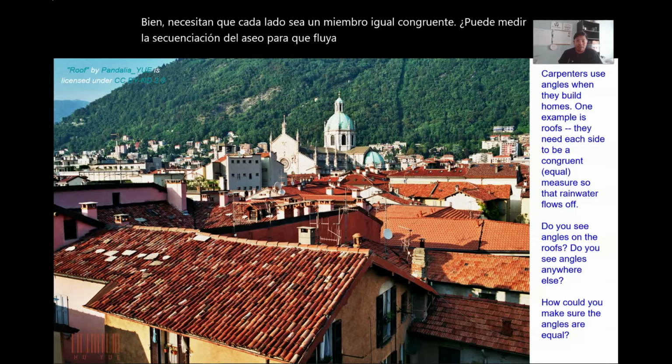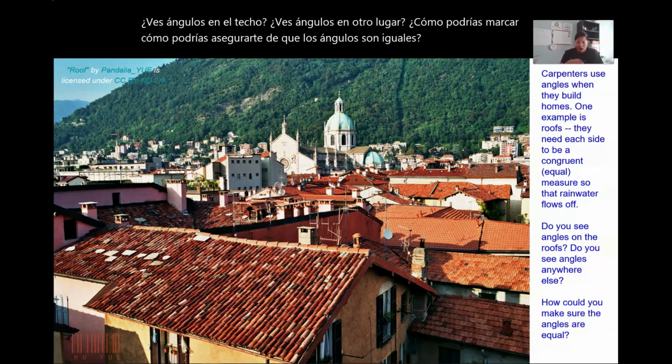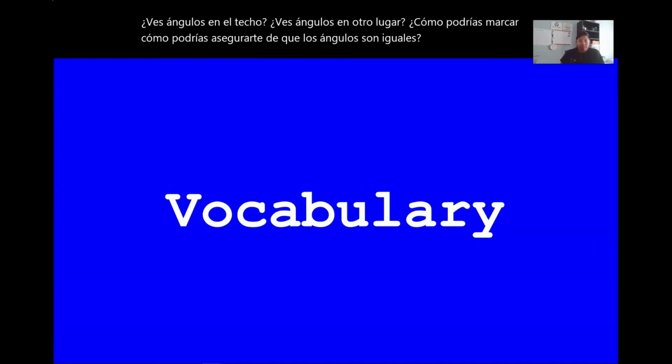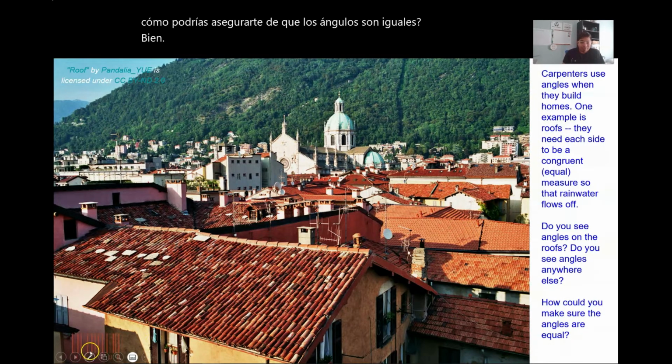Do you see angles on the roof? Do you see angles anywhere else? How could you make sure that the angles are equal? All right. So one example is right here.